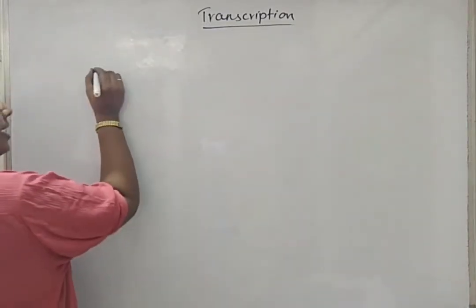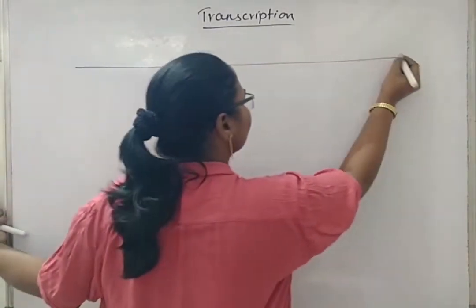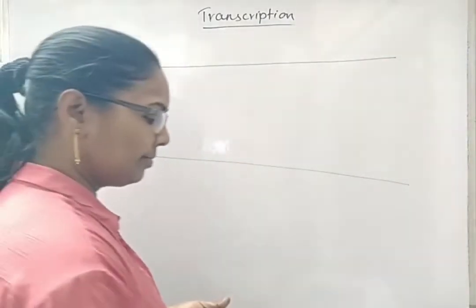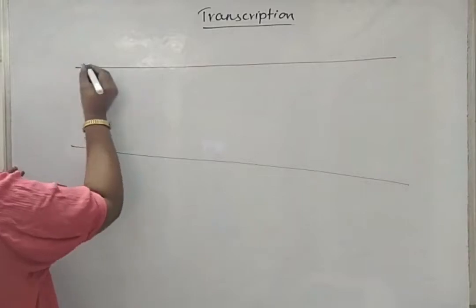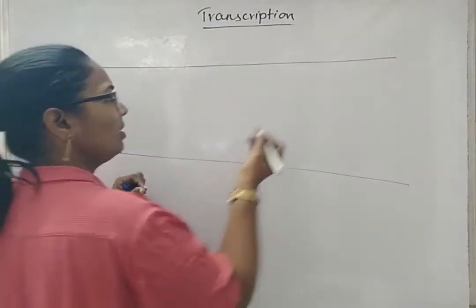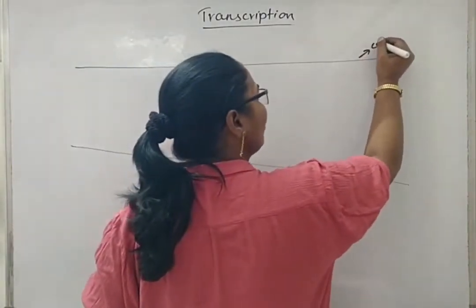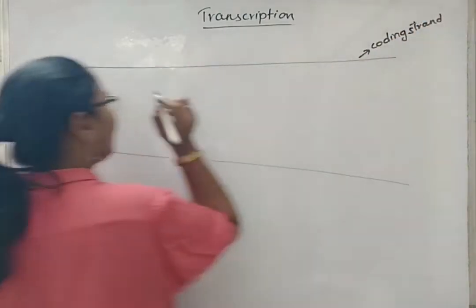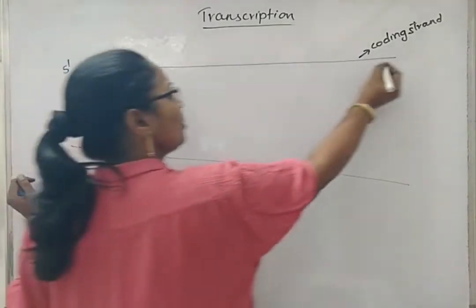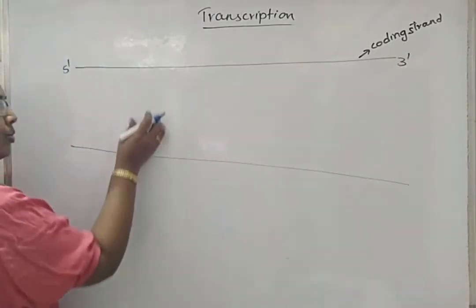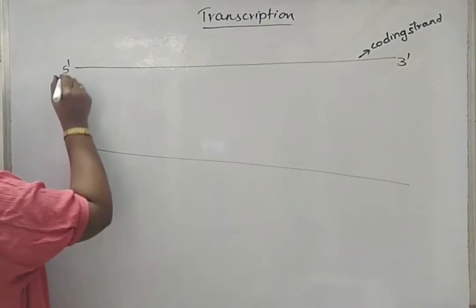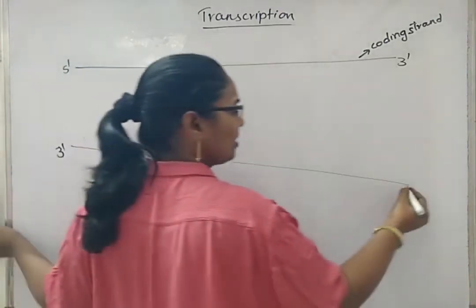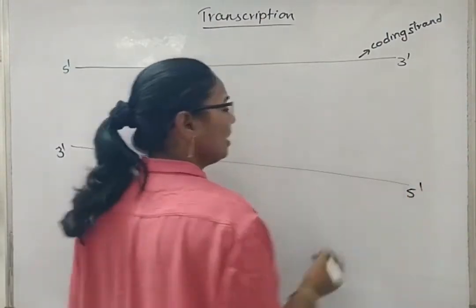We will see the structural arrangement of the transcription area. These are the double strands of DNA. One strand we can term the coding strand. The coding strand is read from 5' to 3', which gives its own gene sequence to mRNA. If this end of the coding strand is 5', then it will be 3' of the other strand, that is the template strand, and this will be 5'.